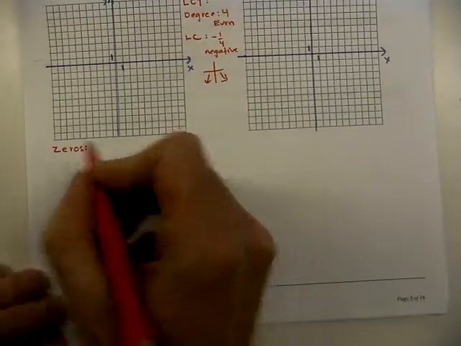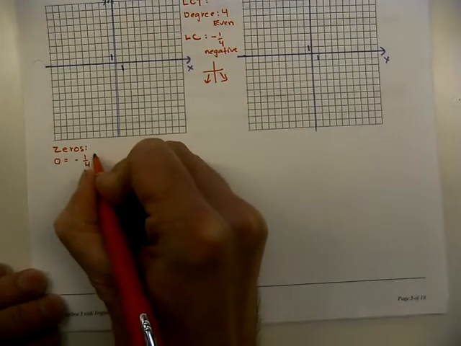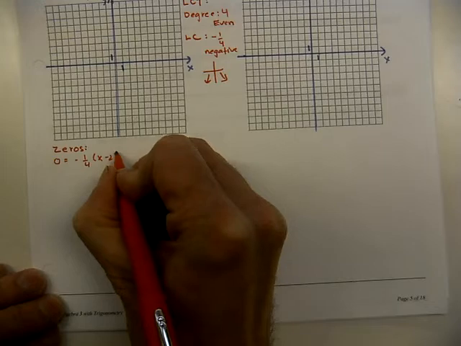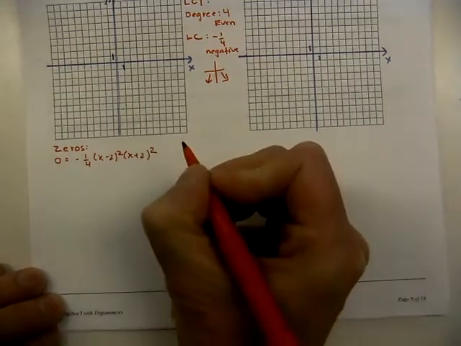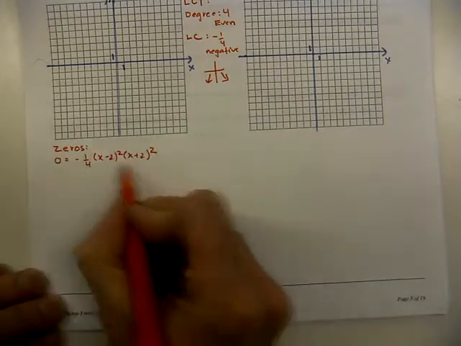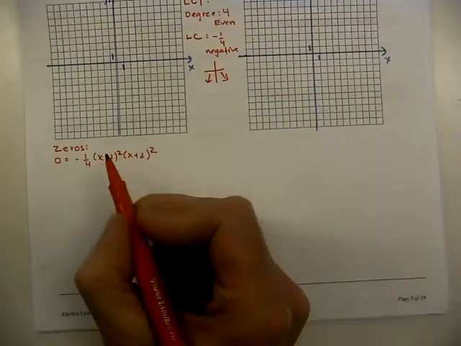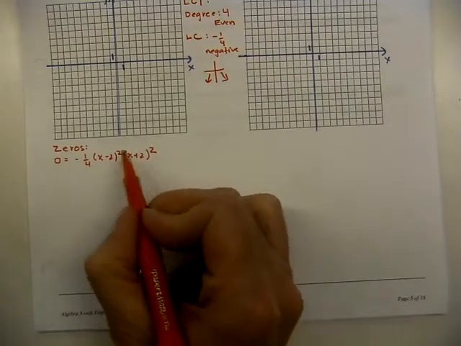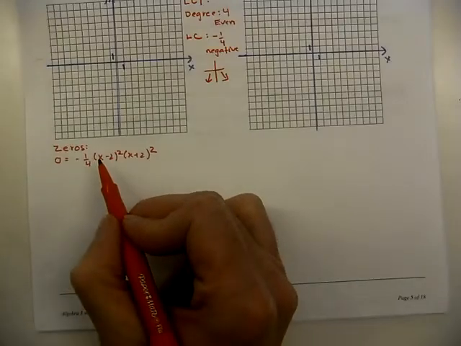To find the zeros, we're going to set the output to 0 and work our way through this to solve for x. Now the first thing to do is recognize this is already in factored form, which is great. That means we can separate each factor and set each factor equal to 0, but I'm just going to restructure it first before I do that.